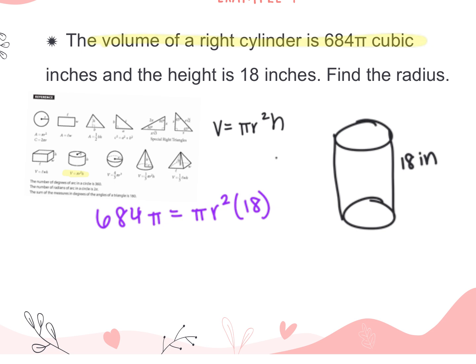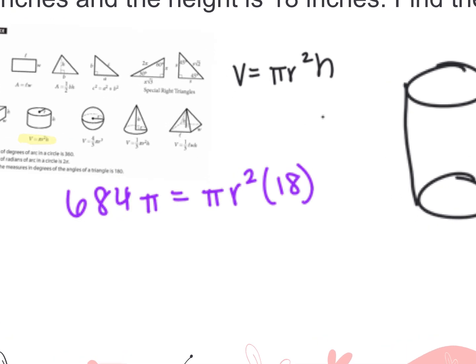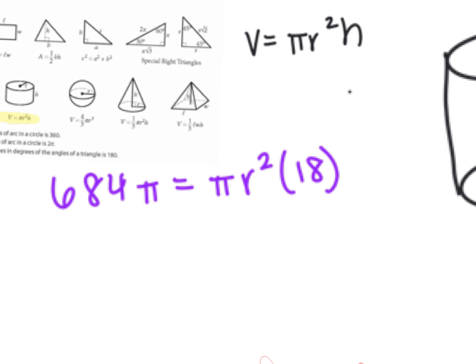So plugging that in, solving for radius, go ahead and solve it. All right, solving for radius, there are multiple ways to solve this. However, this is how I'm going to solve it. Solving for my radius, I'm going to divide both sides by pi.